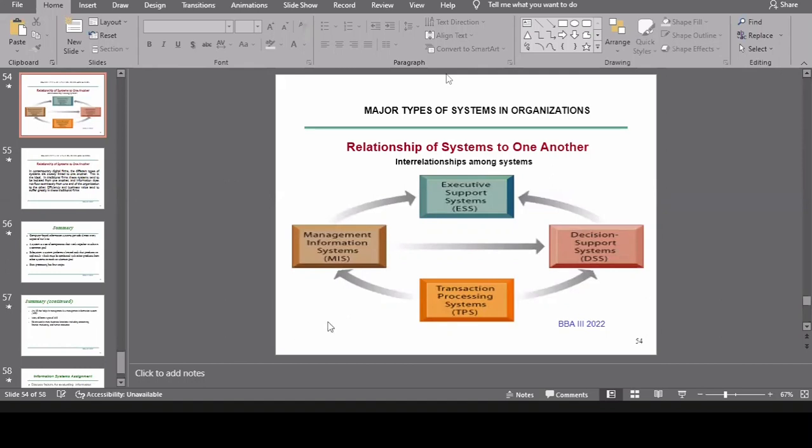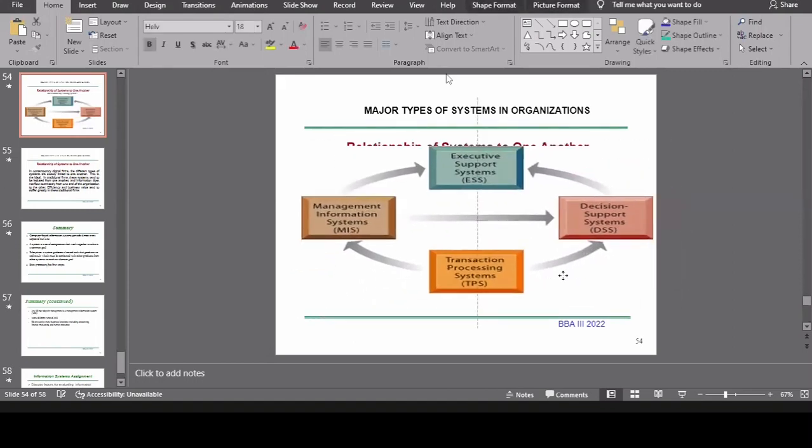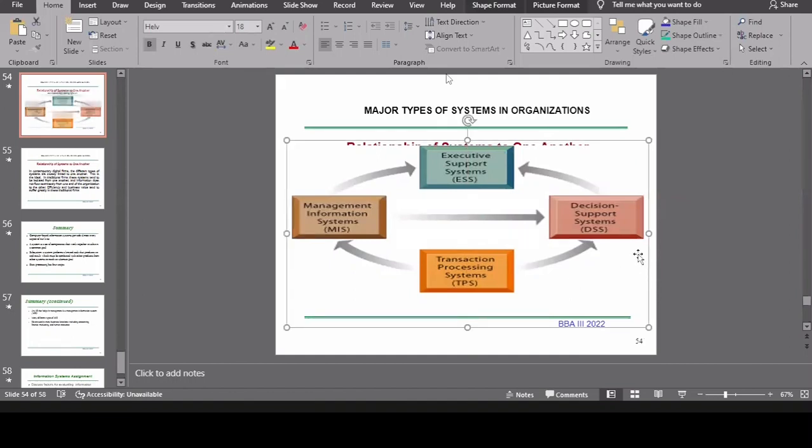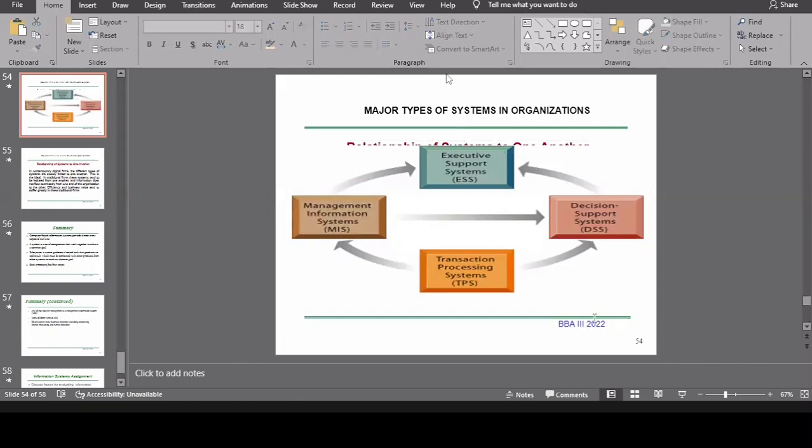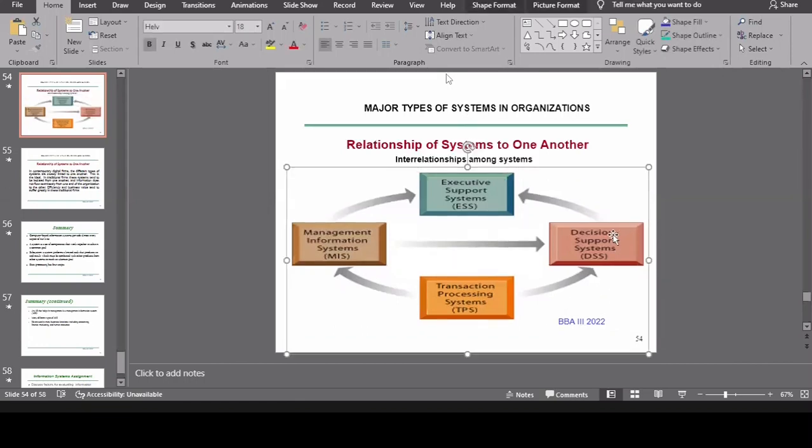That explains, hope you can see my cursor, the arrow that faces the management information system. However, the information generated from the transaction processing system sometimes will be required to be aggregated at the decision support system.